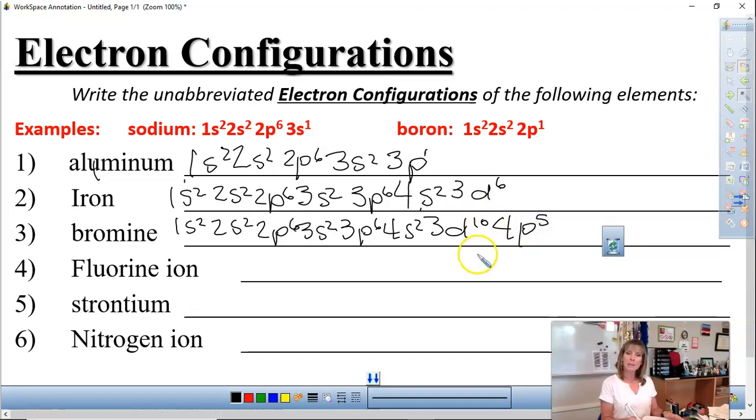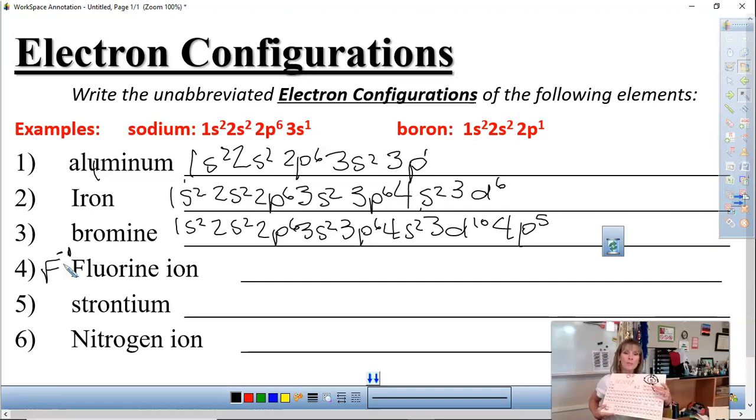All right, how about that fluorine ion? A fluorine ion is fluorine with a -1 charge. Why does it have a -1 charge? If you look at the periodic table, fluorine's way over here. It's a halogen. It has 7 valence electrons. If it follows the octet rule and is going to lose, gain, or share in order to get 8, how many more does it need if it has 7 valence electrons?